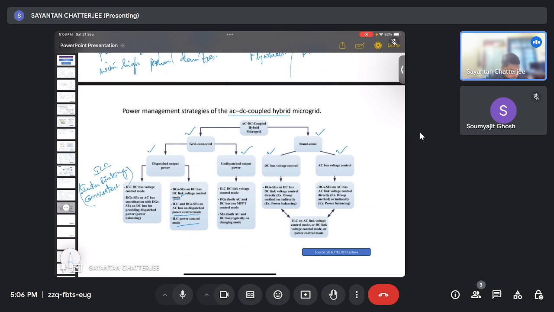Now in the undispatched power, ILC DC link voltage control mode operation is followed. DGs on both the AC and DC bus are on MPPT, and storage on both buses is typically in charging mode.